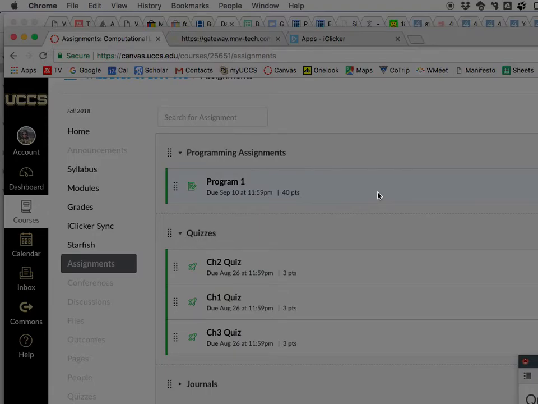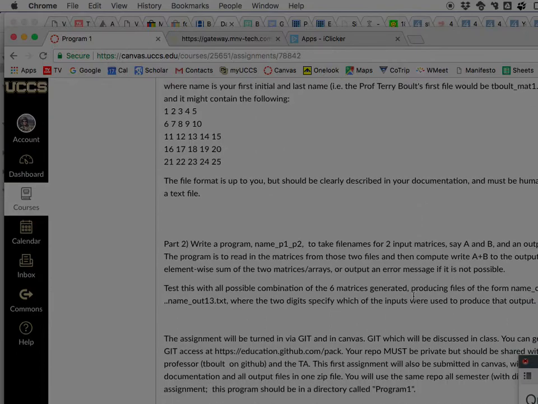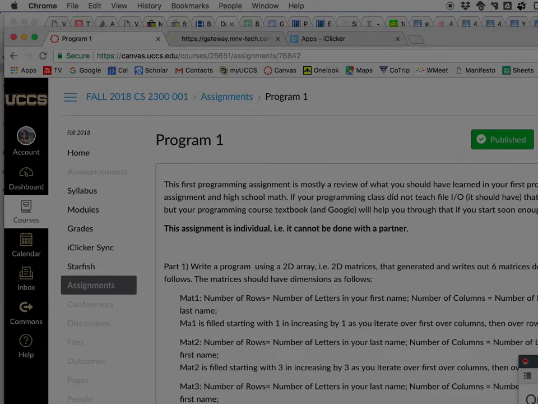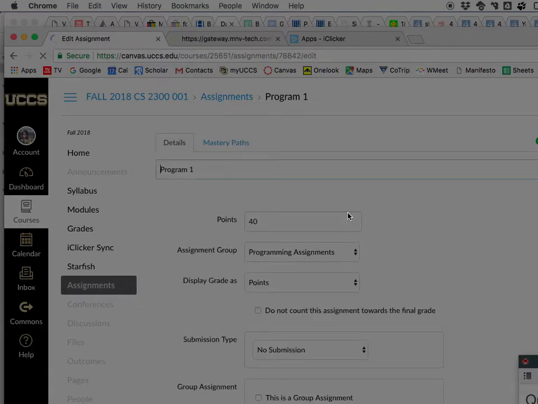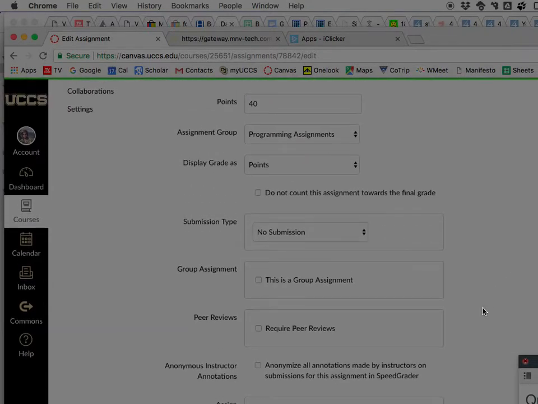Program 1. It says it's published. Now let's try editing it. Changing it. Maybe I didn't fill in an available date.